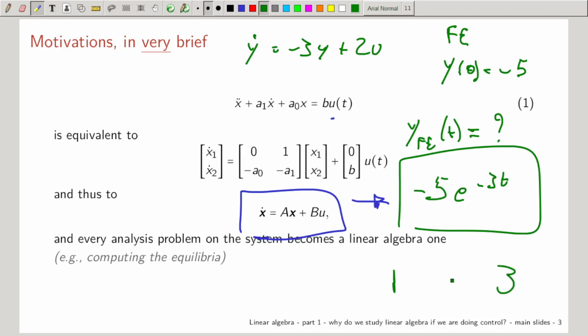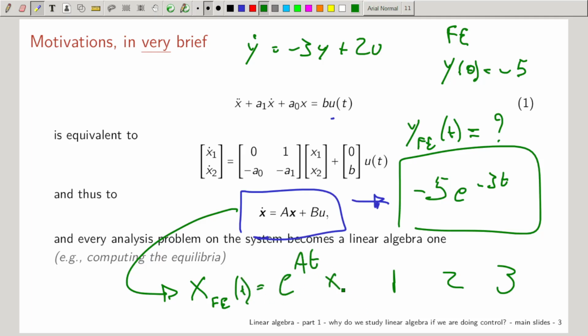Where are we? Excellent. Guess what the solution is going to be. The solution is going to be, we are going to say it very soon, x free evolution of t is going to be e to the At times x0, where this object here is going to be what? A matrix.